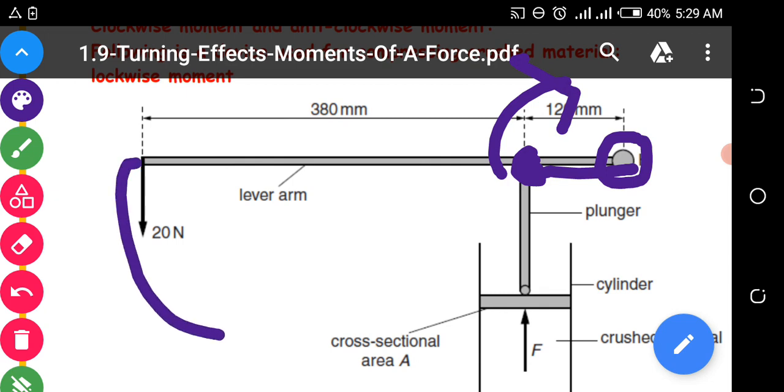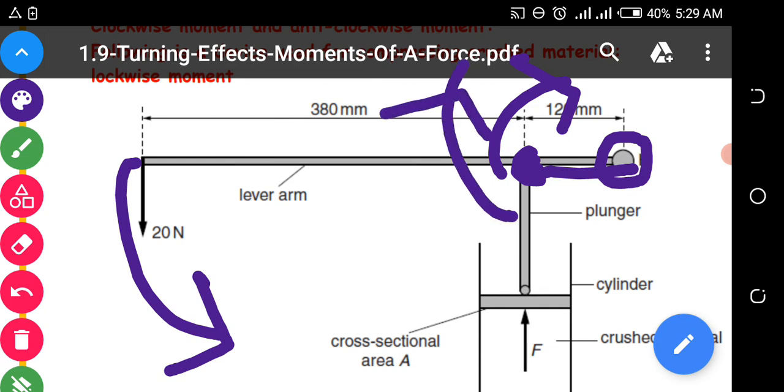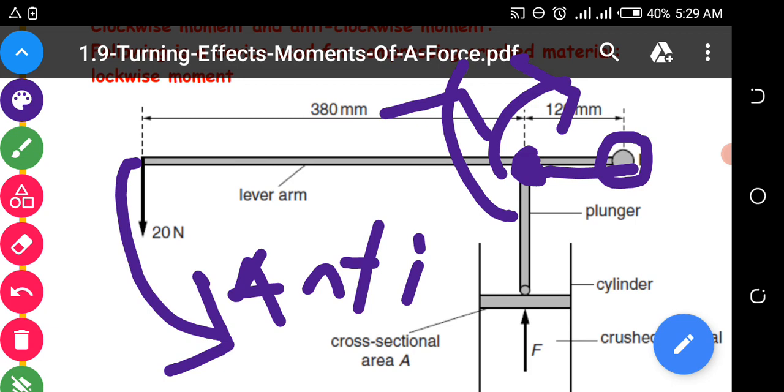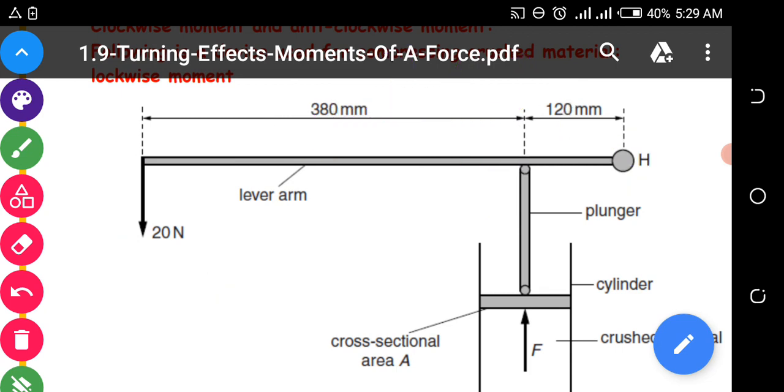This moment making the lever turn in that direction, and that moment making the lever turn in that direction. This is known as the anti-clockwise direction. Then this other direction is known as the clockwise direction. That's how we determine the direction or the category of a particular moment, whether it's clockwise or anti-clockwise.